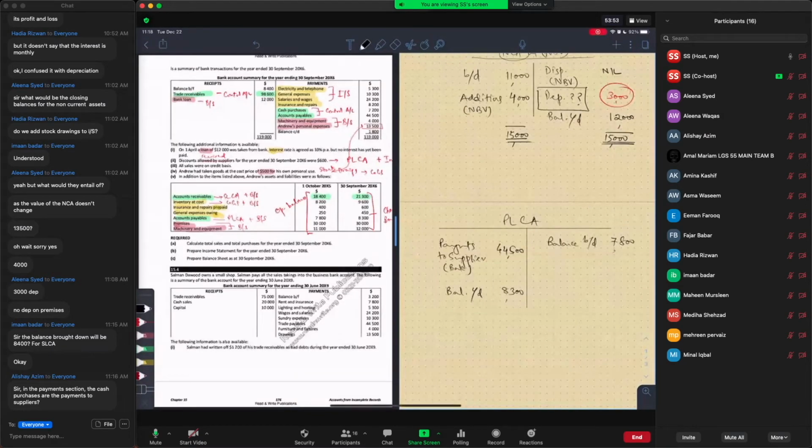right? And then you have discount received as well, right? Remember, note number 2, discount received was $600. And now you will balance this account to find the purchases on credit, right? So can you tell me the amount of purchases on credit?